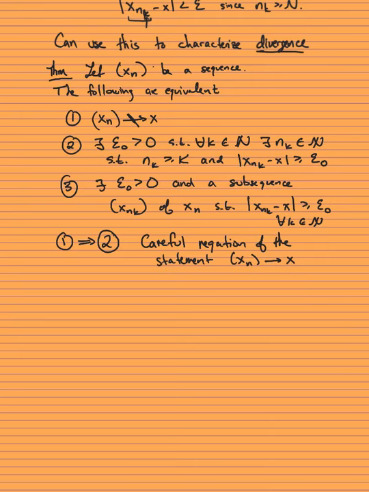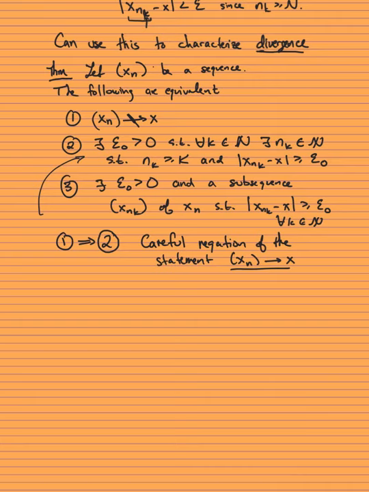I told you what it ends up looking like, but write down the statement for convergence and then go through and negate it, by making all of the less than epsilons into greater than or equal to epsilons and so on, all of the for alls into there exists.